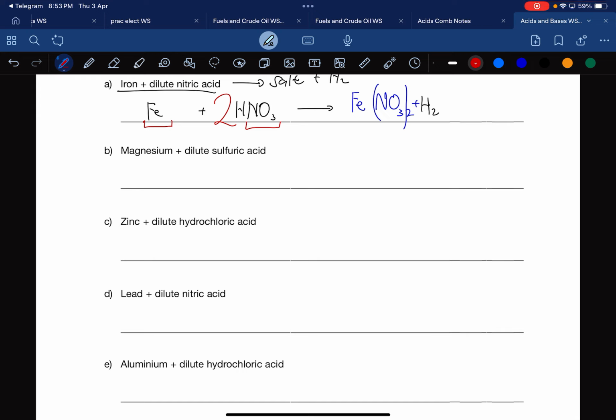No. What do you think that minus sign is there for? NO3 is 1 minus. So if you have Pb 2 pluses, now two hydrogen.